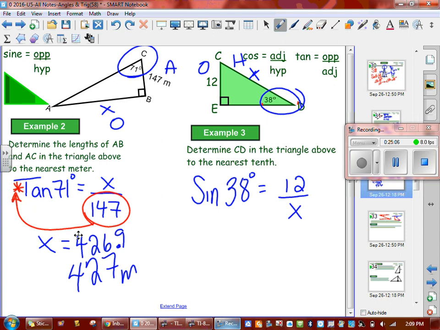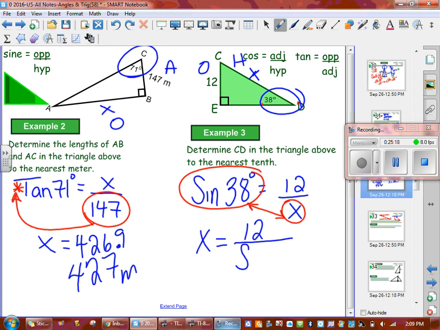And that's how we end up dividing. So it's going to be 12 divided by sine 38. And yes, you hit the button sine. So that is going to give us 19.5.